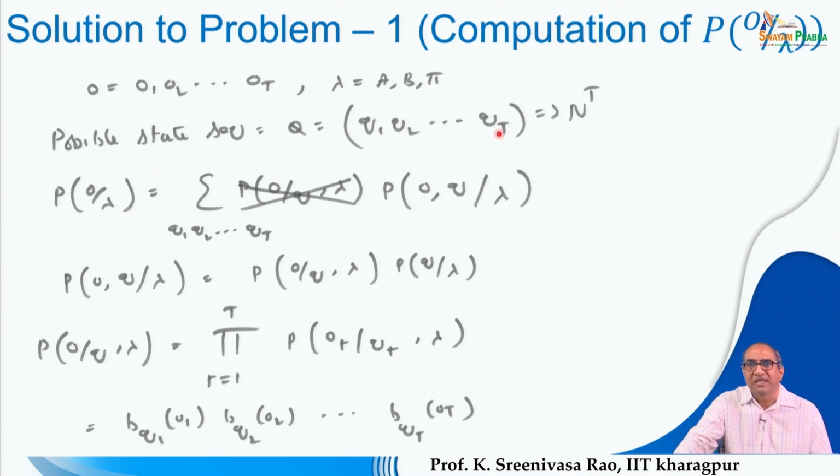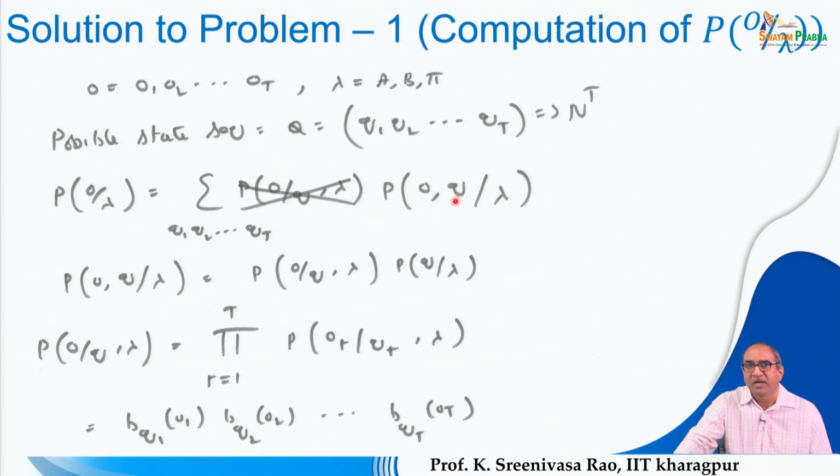Because there are total n power T possible state sequences, if you can estimate the probability of the observation from each state sequence and sum up all of them, that gives the overall probability of O given lambda. The observation sequence length is T, so there are n power T possible state sequences. So the probability of O given lambda can be computed as the summation of the probability of the observation from each sequence.